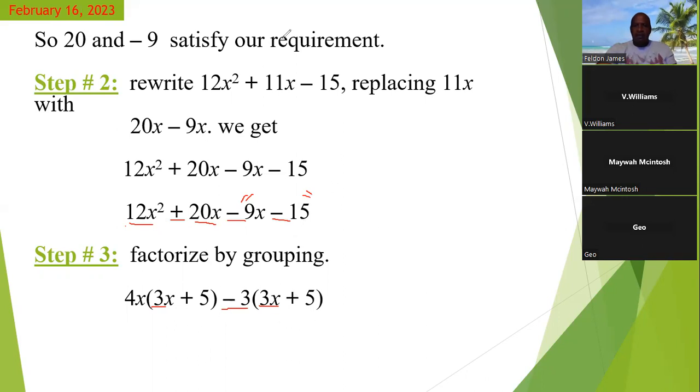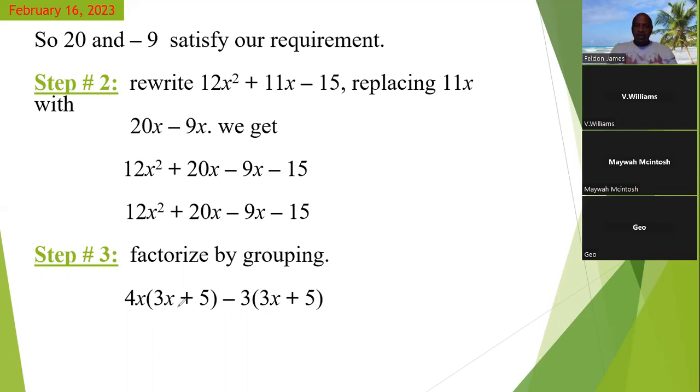Now, when we examine both brackets, we're supposed to have the same expression in both brackets if we are to factorize any further. If the expressions are not the same, it means one of two things.